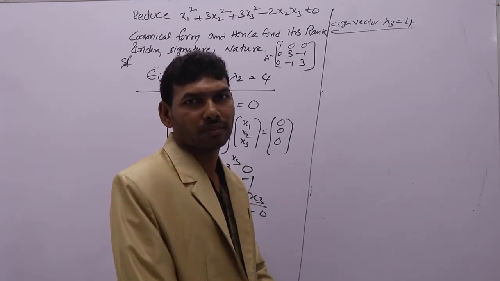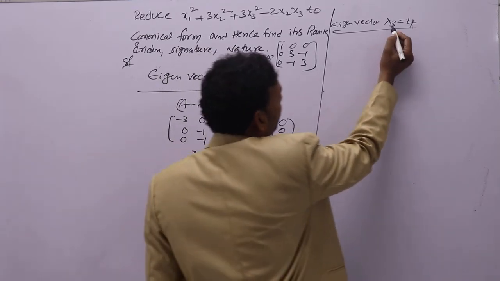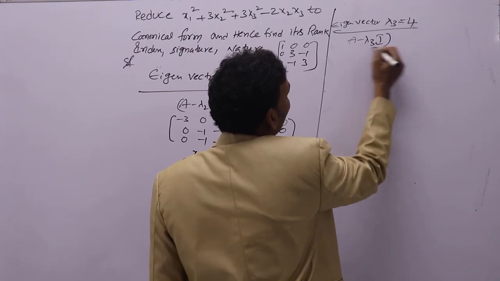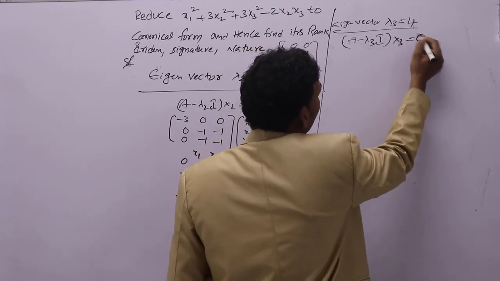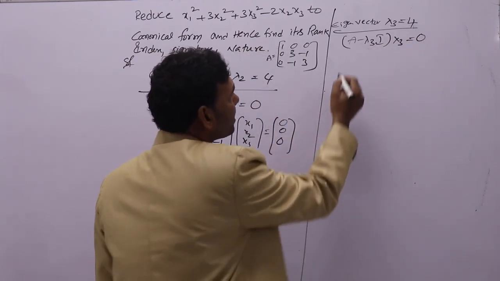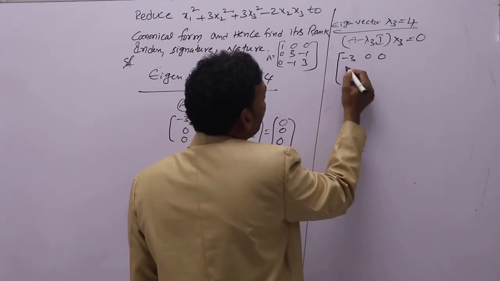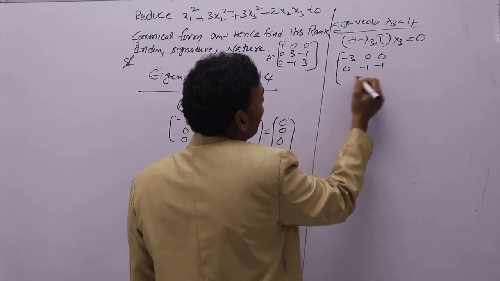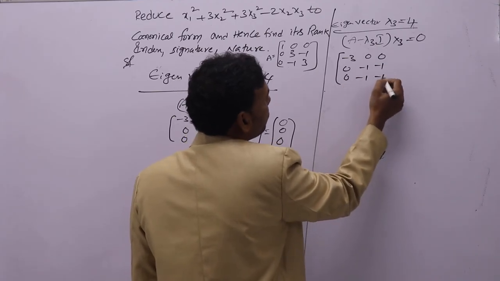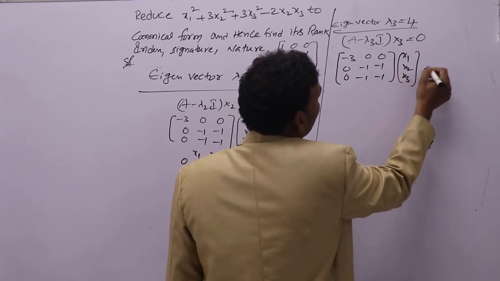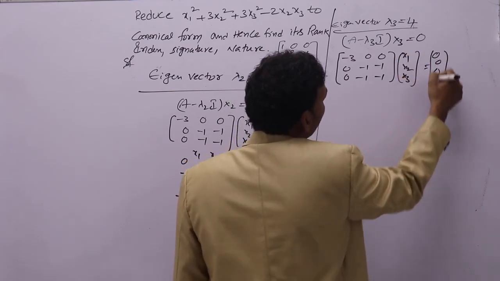Now the eigenvector corresponding to lambda 3 equal to 4: A minus lambda 3 I into x3 equal to 0. So simply subtract 4 from the diagonal: 1 minus 4 is minus 3, 0, 0; 3 minus 4 is minus 1, minus 1, 0; 3 minus 4 is minus 1, x1, x2, x3 equal to 0, 0, 0.